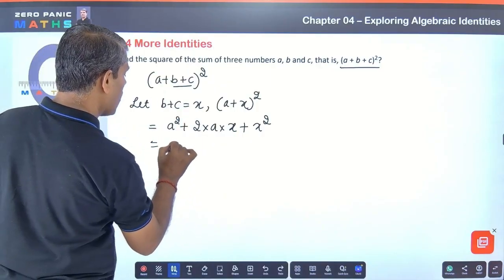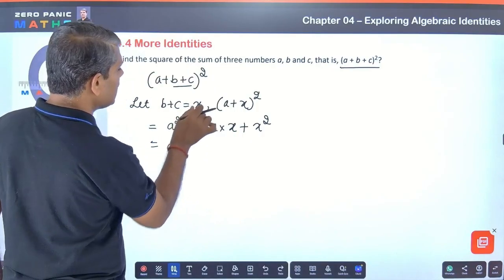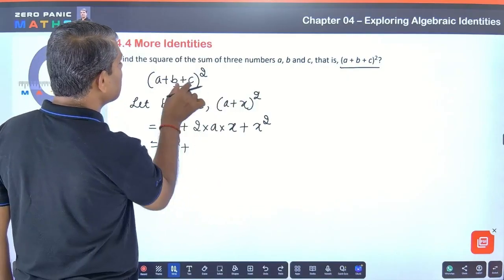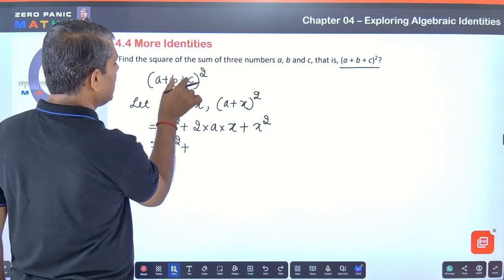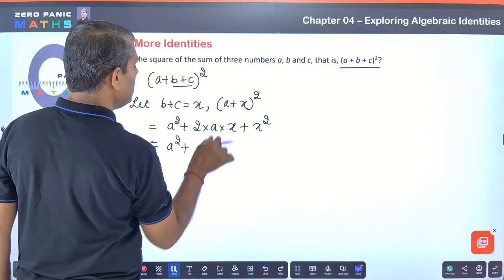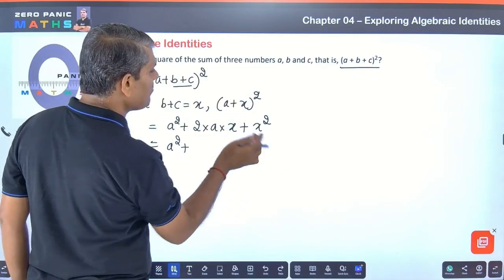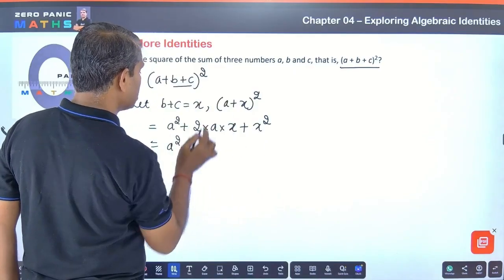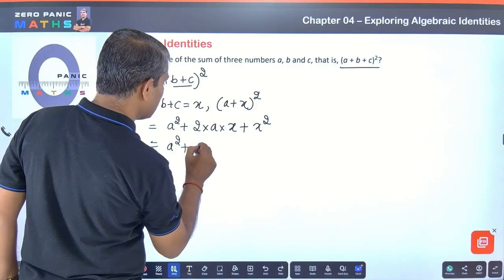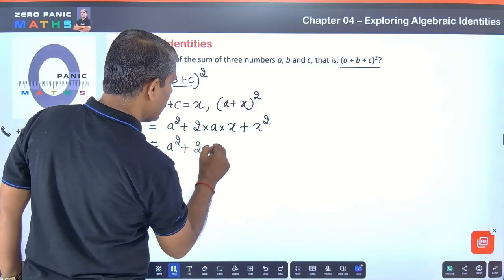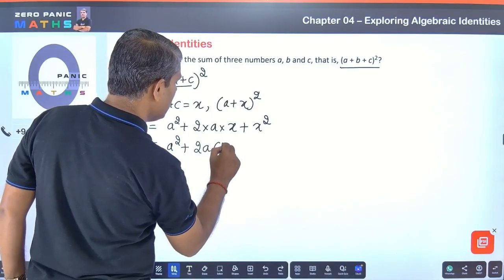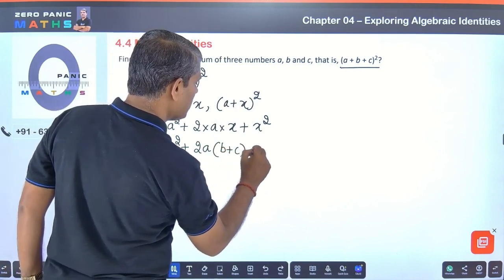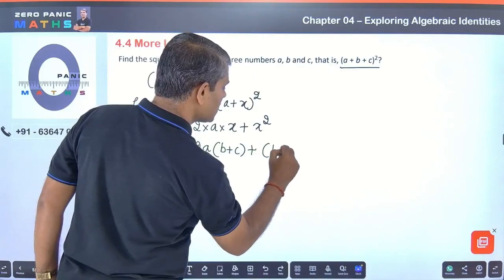Initially we considered x as the sum of two terms, b plus c, and now we are replacing x back with b plus c. So that makes it a square plus 2a into (b plus c), plus (b plus c) whole square.